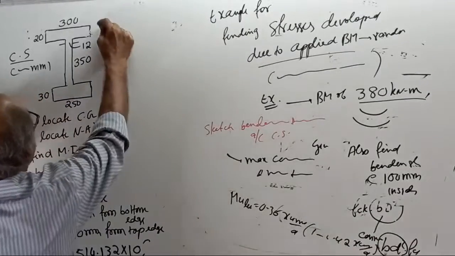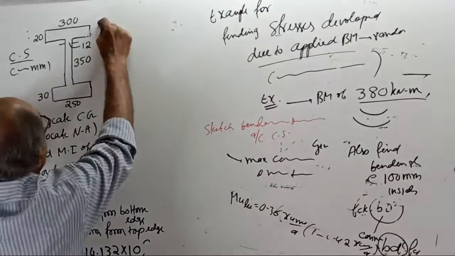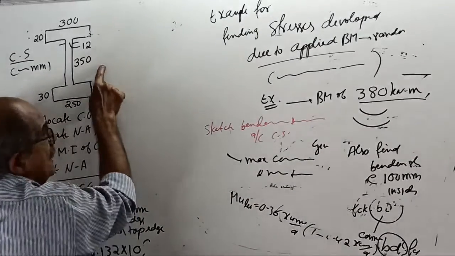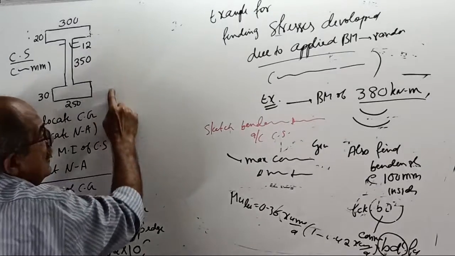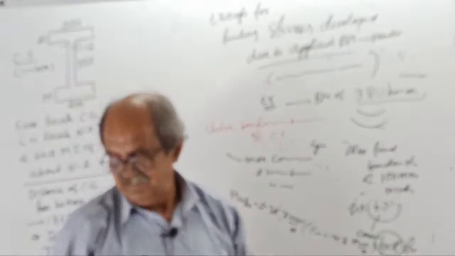From here come down by 100, and here go up by 100. So somewhere here, that is where you cannot use Z. That is the question. Okay.